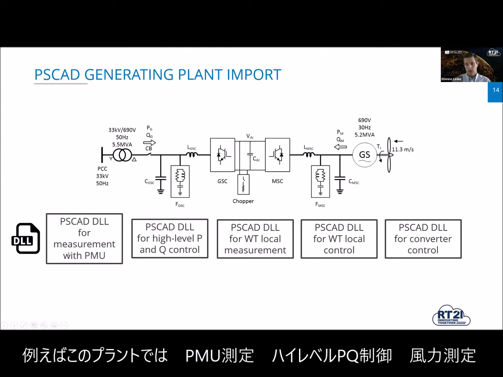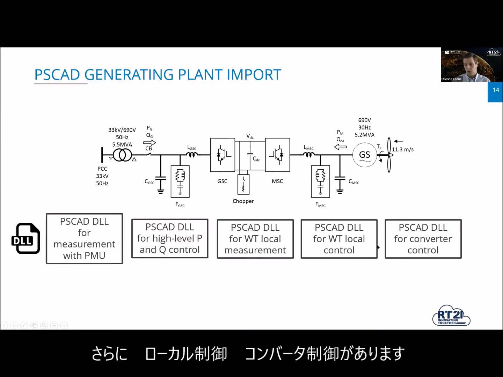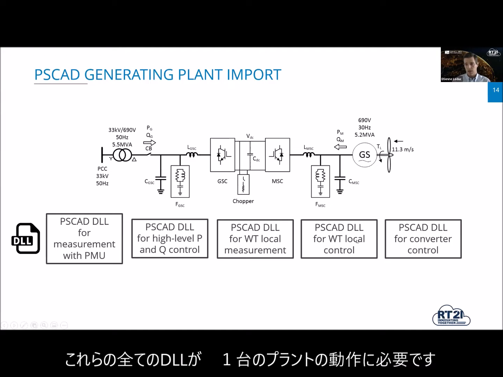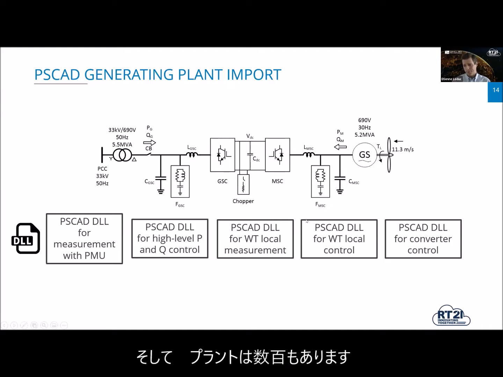There are examples here like measurement for PMU, high-level PQ control, wind turbine local measurement, local control, and even converter control. All these DLLs are necessary to run a single plant, and there are hundreds of them.